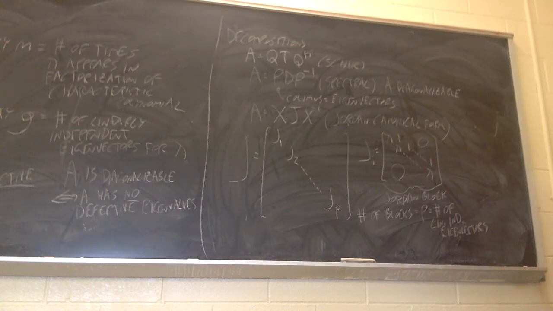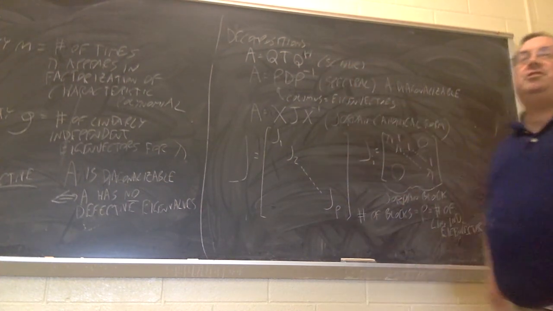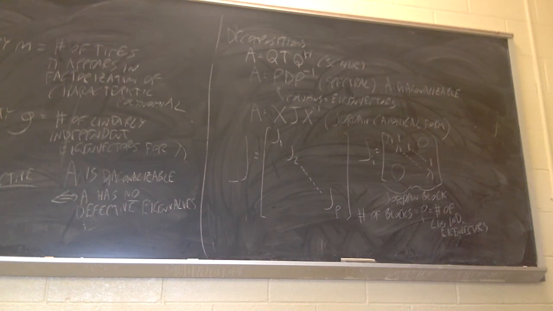So what that means is, if you had n blocks, well, n's all you have room for, so each one of these would be 1 by 1. Then your Jordan form would reduce to a spectral decomposition, because you'd have a full set of linearly independent eigenvectors.